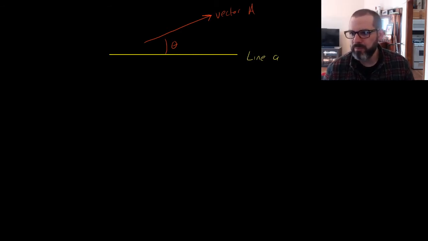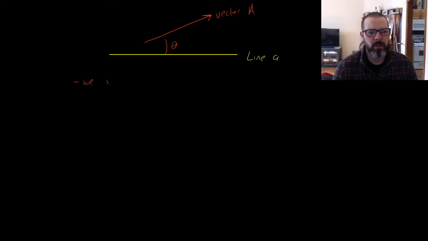So let's say we have a line and we're going to call it line A. And we have some vector acting at some angle theta with the line. We want to know the components that are perpendicular and parallel to the line.